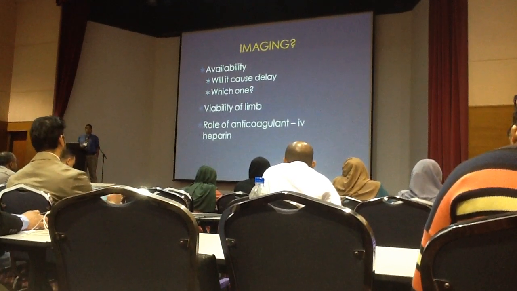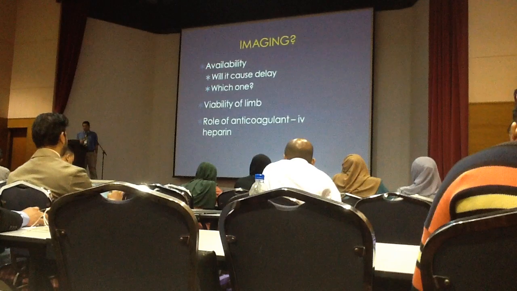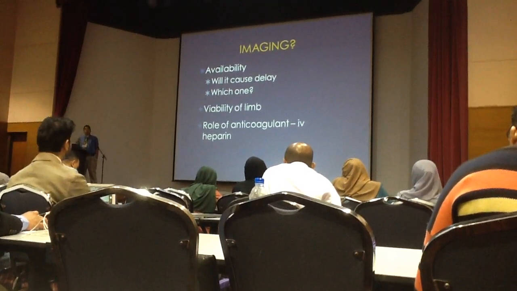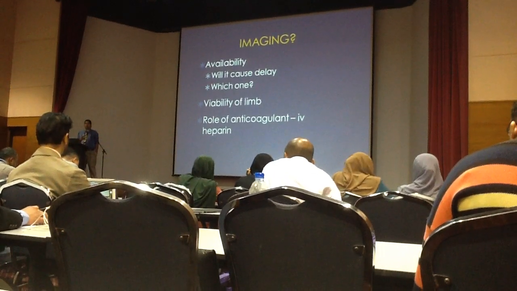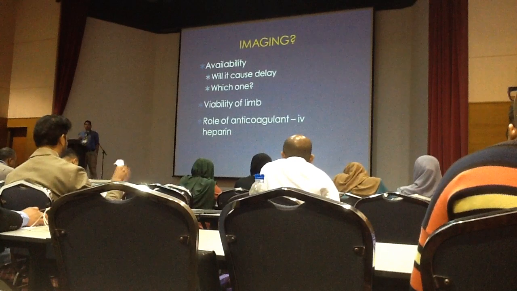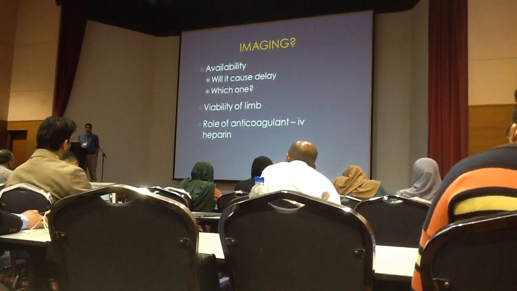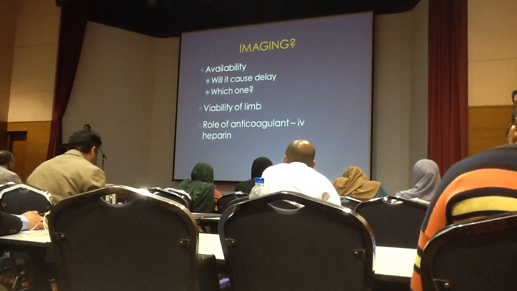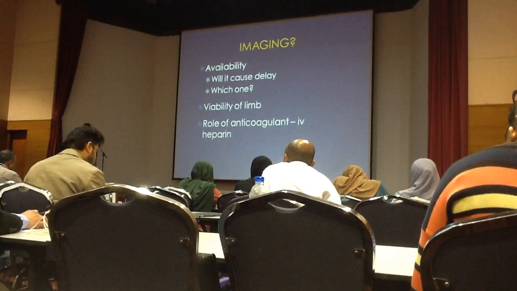Okay, the question about imaging is whether it is available or not. Available also means whether it's going to delay your treatment. If you have a nice angio, but it takes you 3 hours to get it and decipher it, then maybe it is better for you to intervene early.